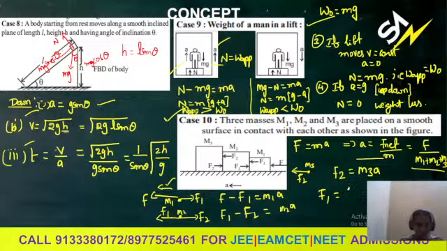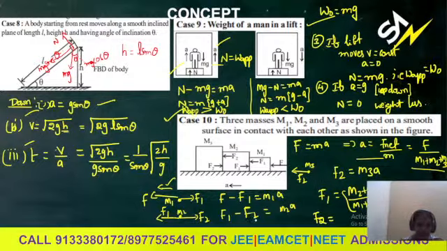Then F1 we can write as (M2 plus M3) by (M1 plus M2 plus M3) into F. Now F2 is the only force which is acting on M3.